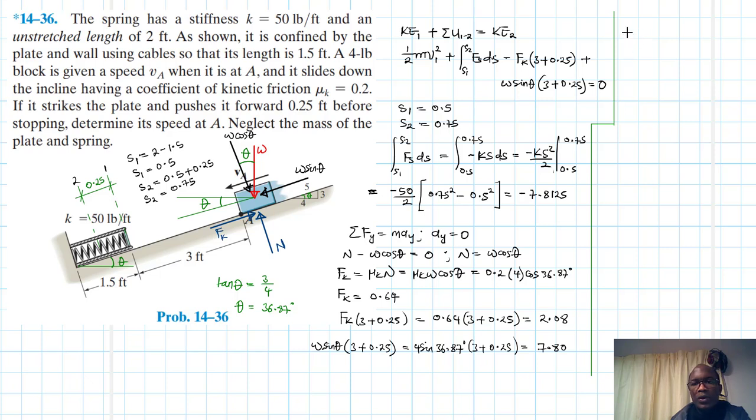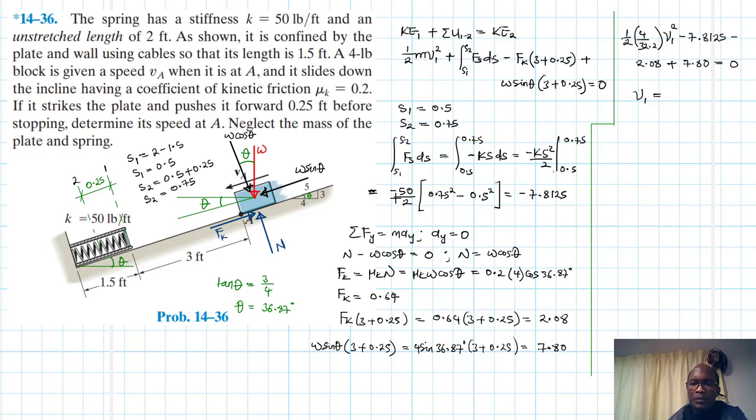So writing everything in our equation, we'll have half the mass, which is 4 divided by 32.2, times V1 squared, then minus 7.8125, then we have the work due to friction, minus 2.08, then plus 7.80 equal to 0. So making V1 the subject of the formula, don't forget to square that.